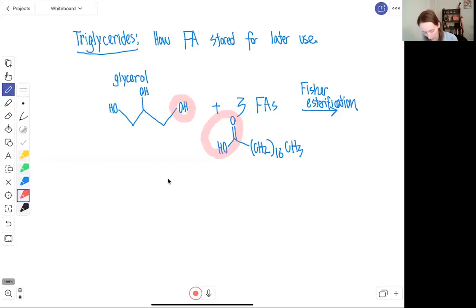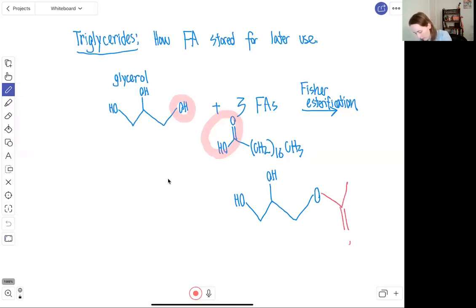So showing the Fischer esterification product, if we're working just with that one position of our glycerol molecule, we end up with the oxygen from glycerol forming a bond to the carbonyl carbon that originated from our carboxylic acid. And then we have our long carbon chain there, which happens to be 16 CH2 groups, and then our methyl group at the end there to give this esterified product. And if we did that at all 3 positions, we would end up with the triglyceride.